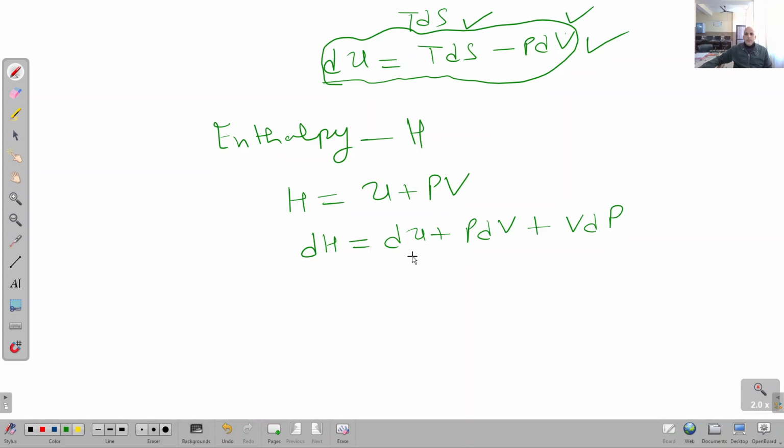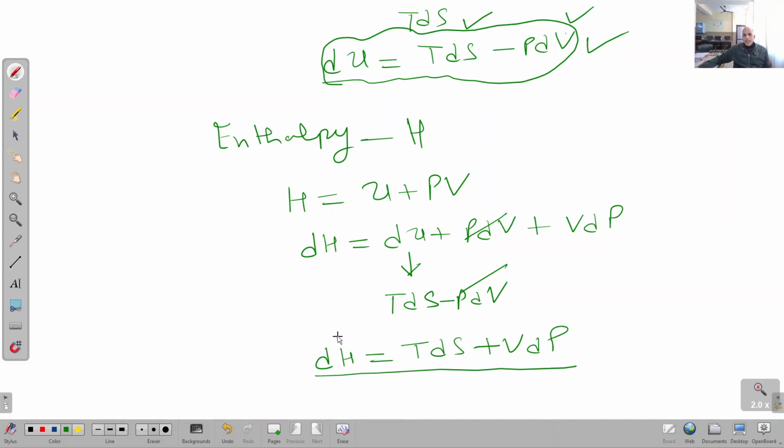Again, if I put the value of dU here, dU means TdS minus PdV. So PdV will get cancelled with the PdV. You will be left with dH is equal to TdS plus VdP, right? So it means the change in enthalpy dH is directly dependent on S and P.